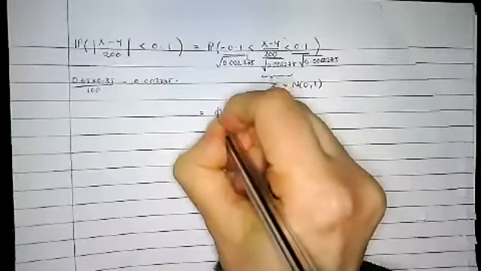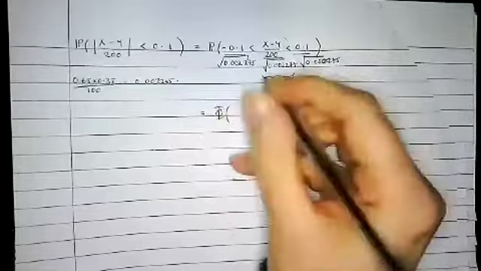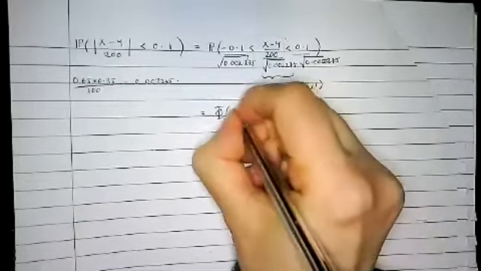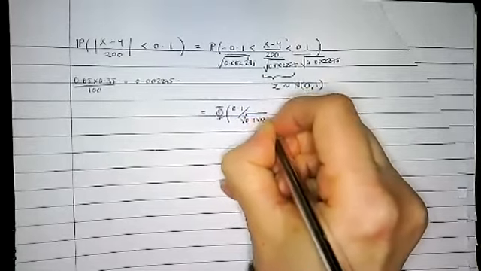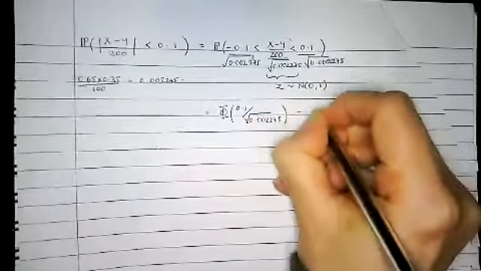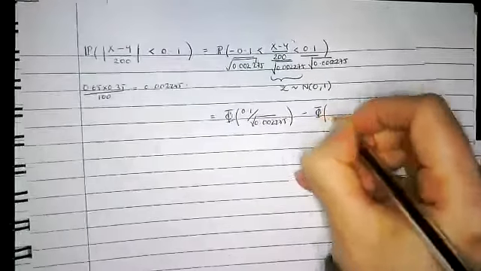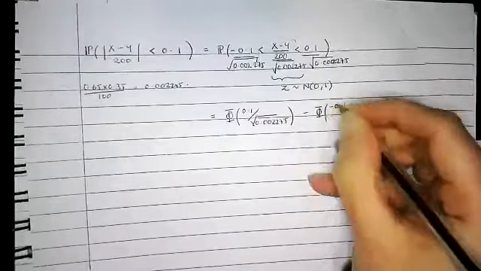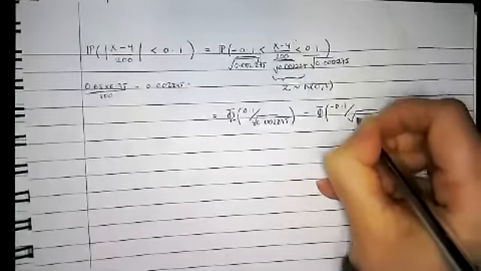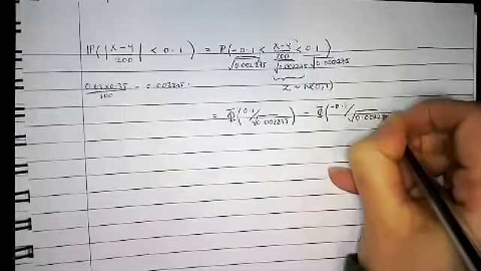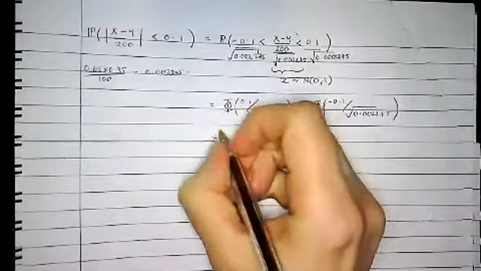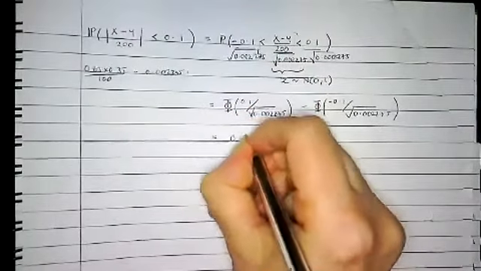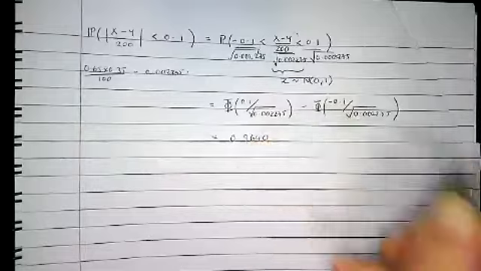So I'm going to end up with 0.1 divided by this crazy square root, 0.002275, and the same on the other side, minus 0.1 divided by the same factor. Okay, and you should be able to look that up in the table, and you should get yourself to 0.9640 by the table.